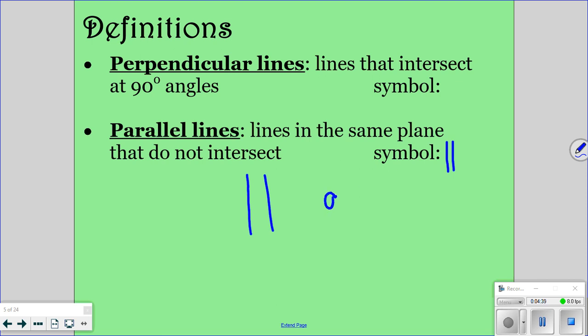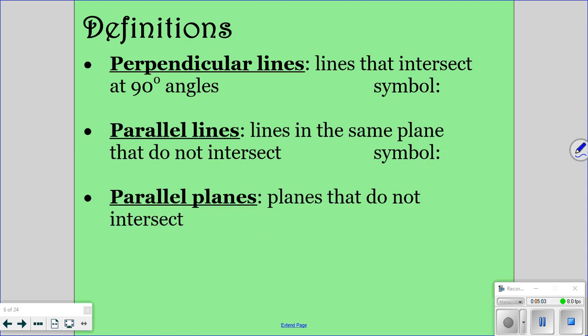But I find whenever I write A parallel to B, sometimes it starts looking like 2 L's right next to each other. And so what I do is usually slant them just a little bit so that it doesn't look like 2 L's. Some books slant them, some do them completely vertical. Either one of those is fine with me. It doesn't really matter as long as they look parallel.